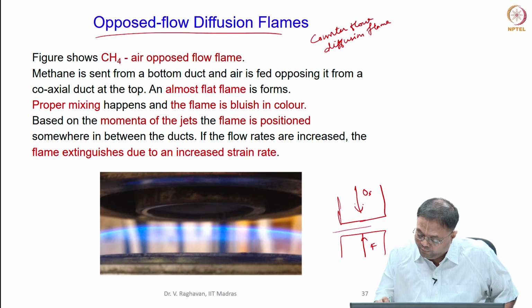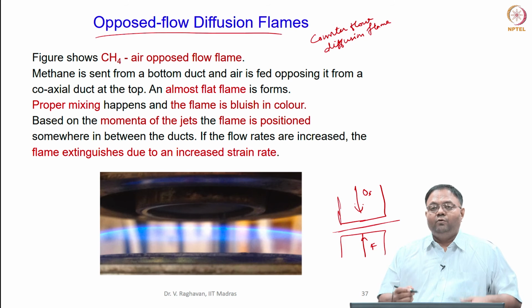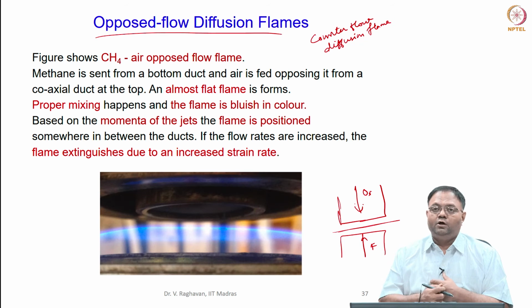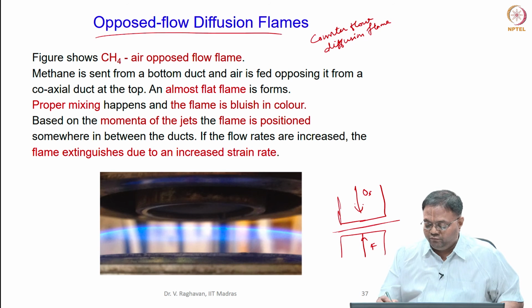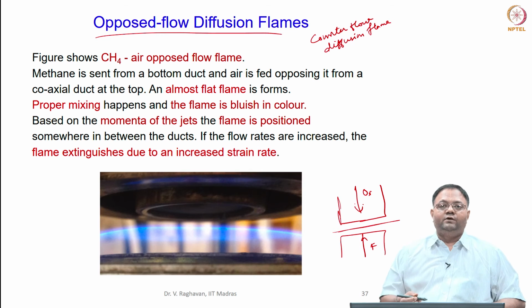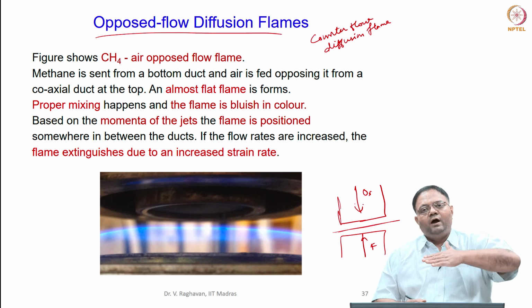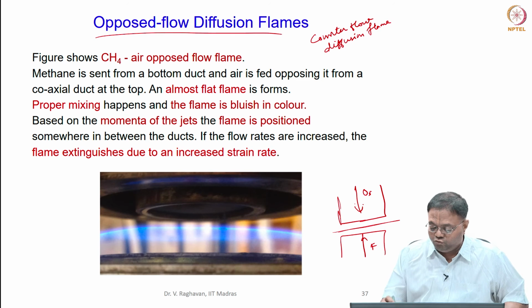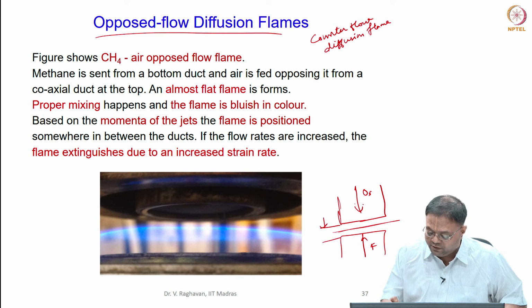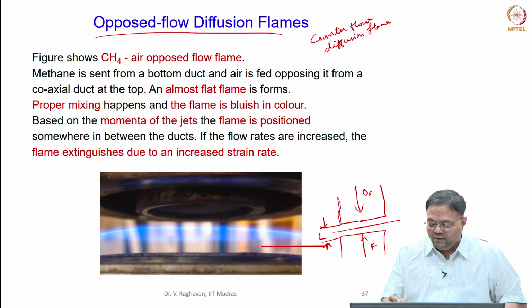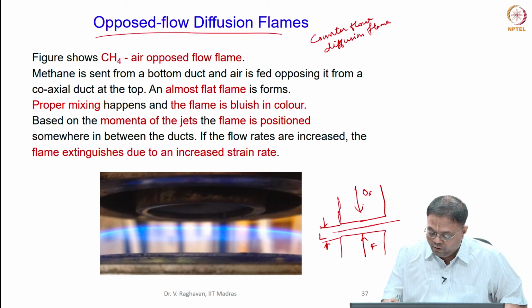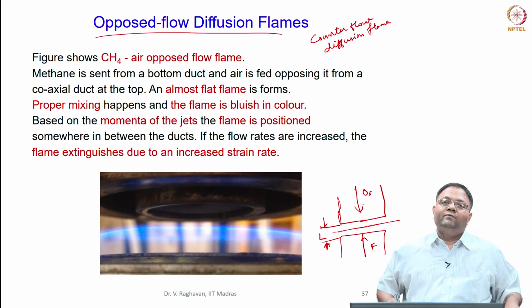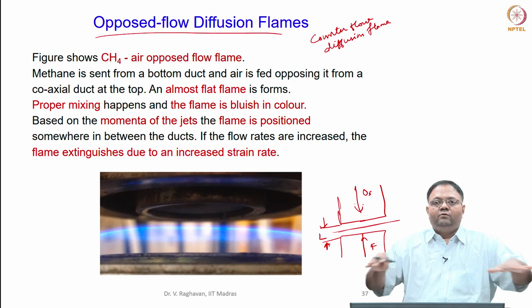Now, a flame is formed somewhere here. When two ducts are kept opposed to each other, there will be a stagnation zone. Based upon the momentum of the fuel and the momentum of the oxidizer, a stagnation zone may be formed, and based upon this stagnation plane, the flame will be formed somewhere in between these two. Say the separation distance is L; somewhere between 0 and L we will form a flame, and this flame is flat.